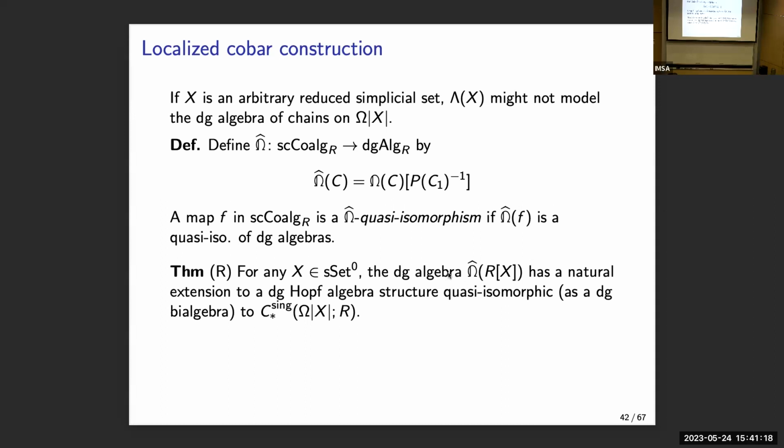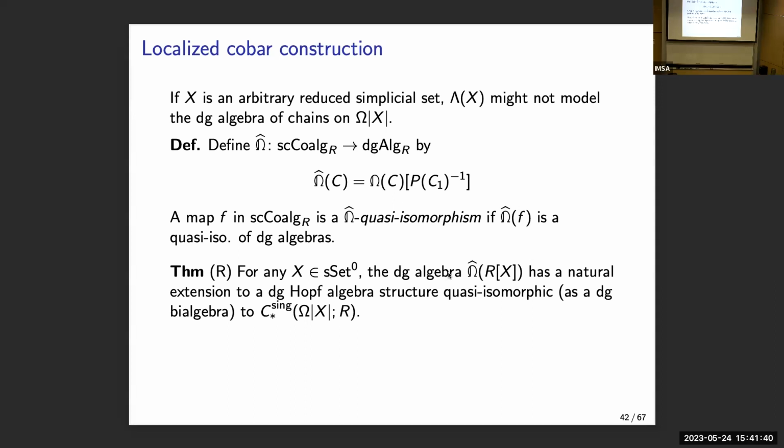You can construct a coproduct to produce a DG coalgebra structure extending the algebra structure. Moreover, you obtain a bialgebra. This is part of the statement. And that bialgebra has the property of being Hopf, which means it admits an antipode map. Okay.